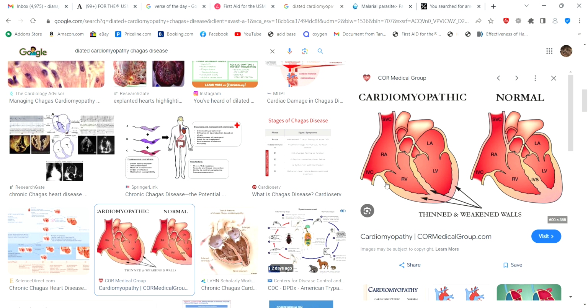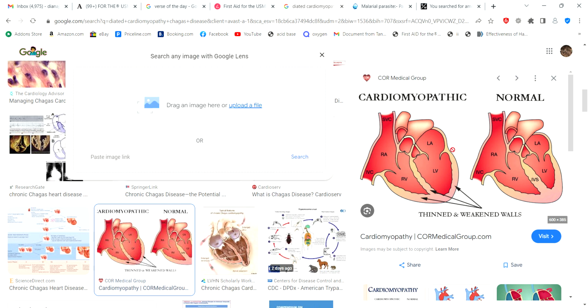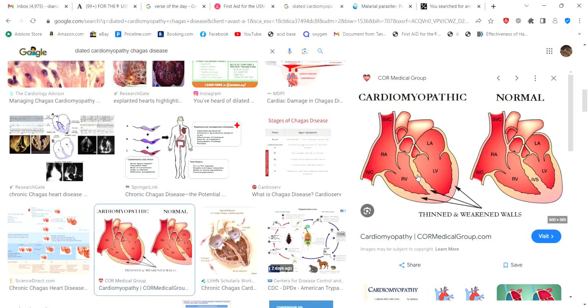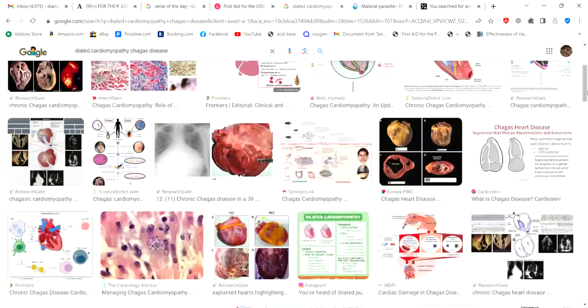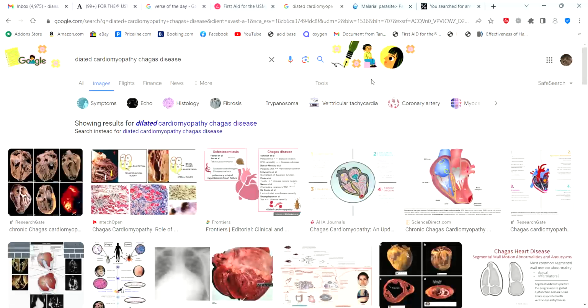Cardiomyopathy. The ventricles, the lining, the interventricular septum. The lining underneath the left ventricle, right ventricle, they're all thinned out in cardiomyopathy. Dilated cardiomyopathy is when the chambers are dilated.